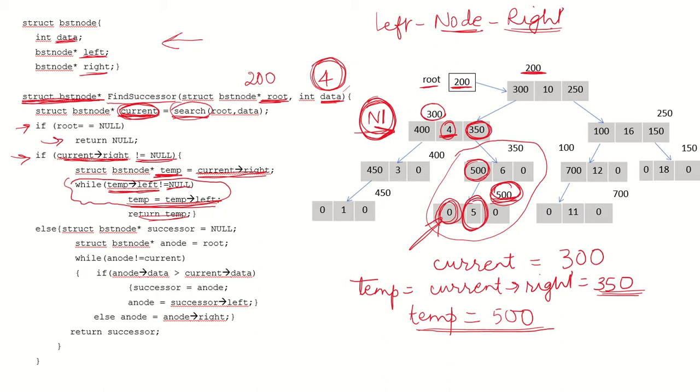So what was the logic for that? If it does not have a right subtree, we have to find the deepest ancestor in whose left subtree that node is lying.